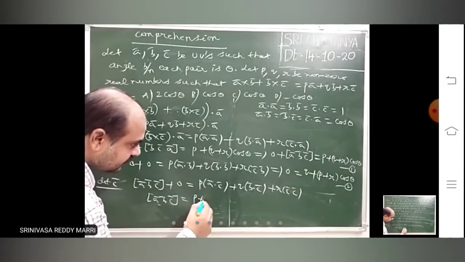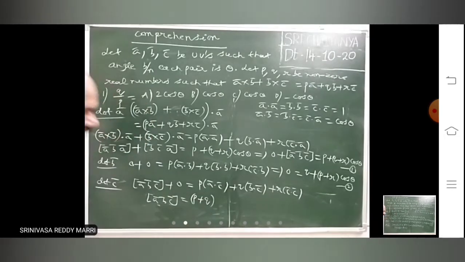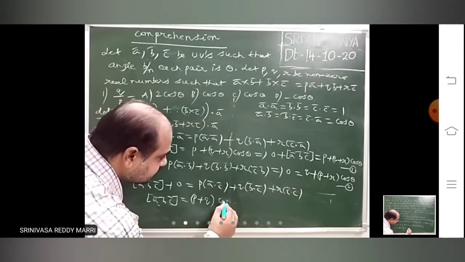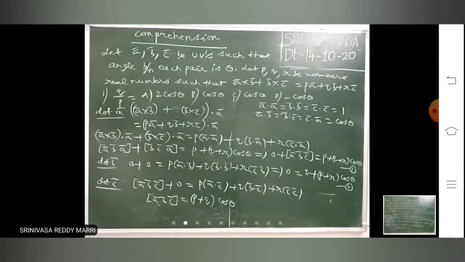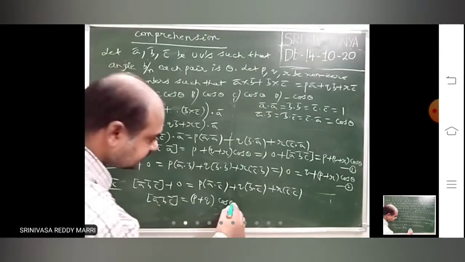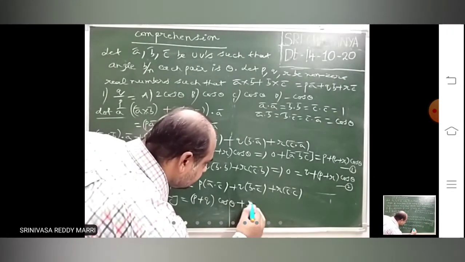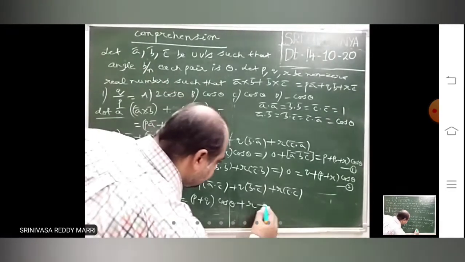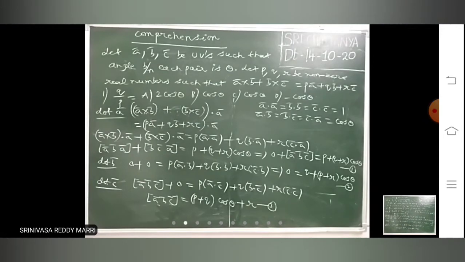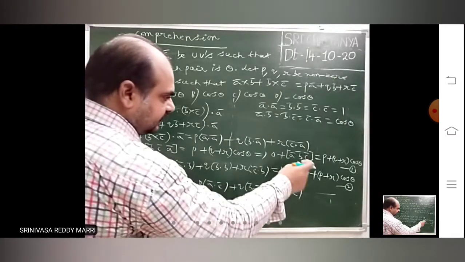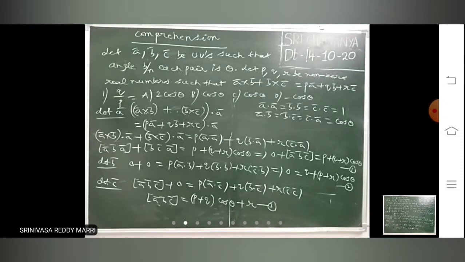That means you will get P plus Q into cos theta plus R into 1. This is the third equation. Dot product with A bar gives the first equation, with B bar the second equation, with C bar the third equation. Now look at the three equations you got.